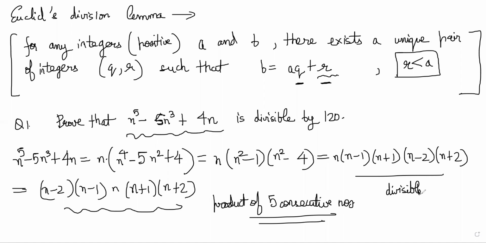Why? Because we can take it into several cases. So let's think about several cases where we have product of 5 numbers. So you have this product n minus 2, n minus 1, n, n plus 1, n plus 2.